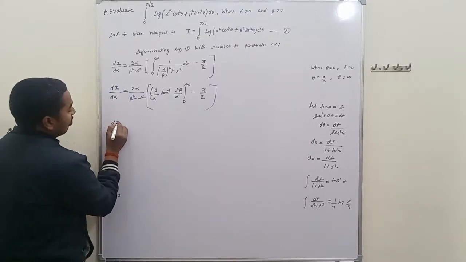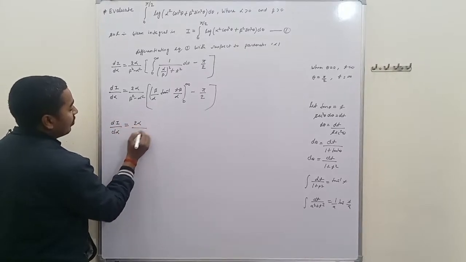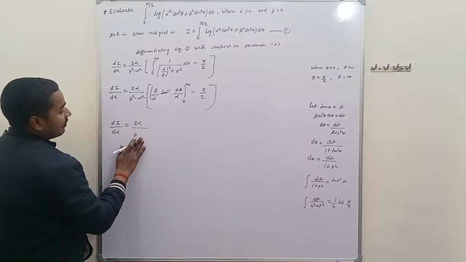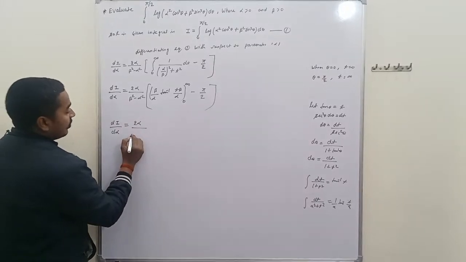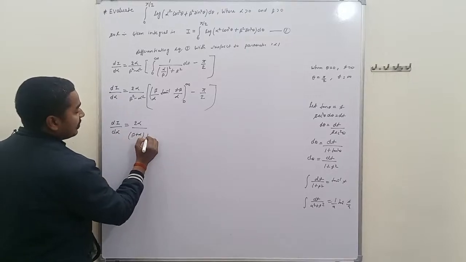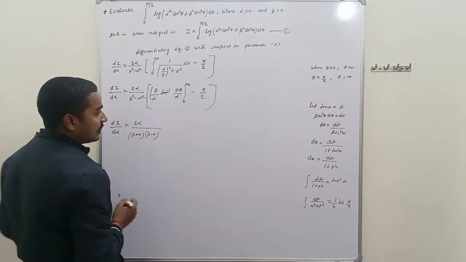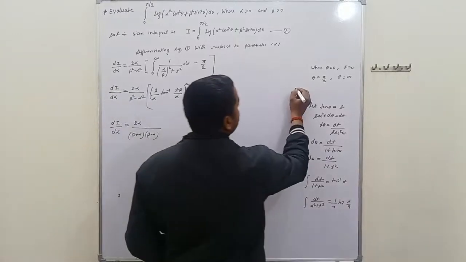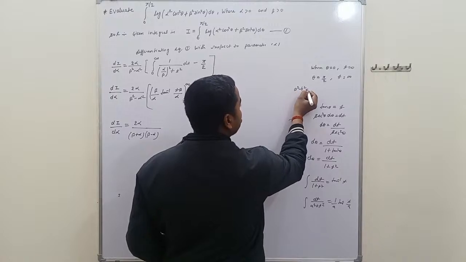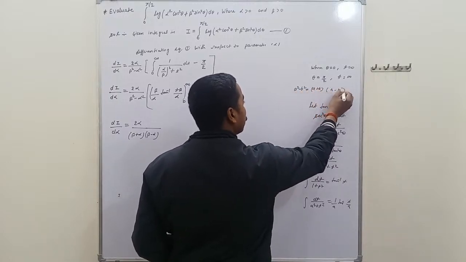This is dI upon d alpha is equal to 2 alpha upon beta square minus alpha square, which is written as beta plus alpha and beta minus alpha, using the following identity, that is a square minus b square is written as a plus b, and another bracket is a minus b.